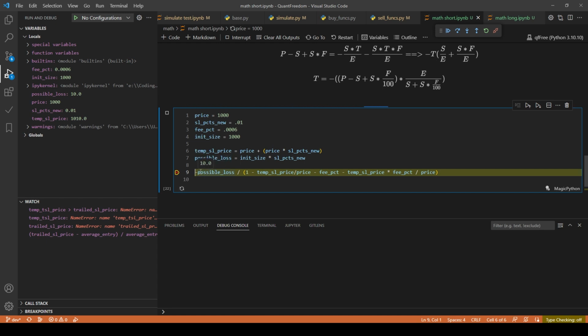And so I have to put this negative sign here because we're doing loss. Because this would actually be the possible profit if we did initial size times stop loss percent new. So we have to add this negative here. And then we have 1 minus temporary stop loss price divided by the price.